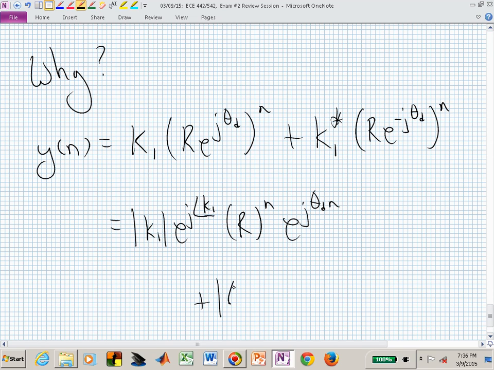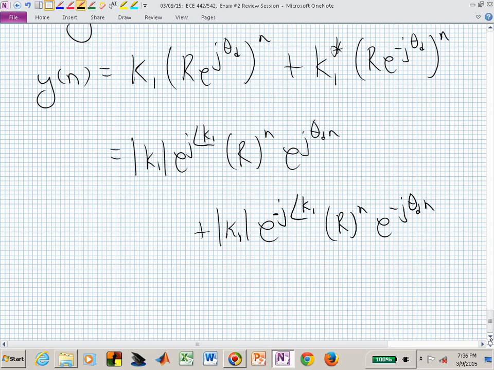plus the magnitude of K1 e to the minus j angle of K1, since K1 star is the conjugate, r to the n e to the minus j theta sub d n. That's just applying the algebra or the math that we know relative to exponents.